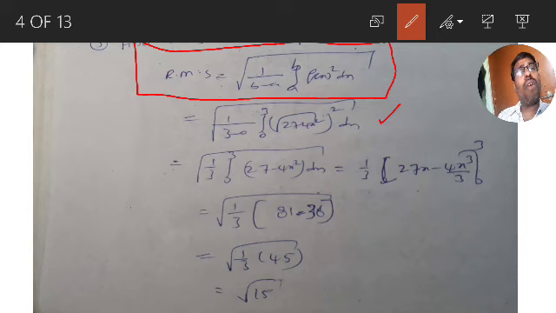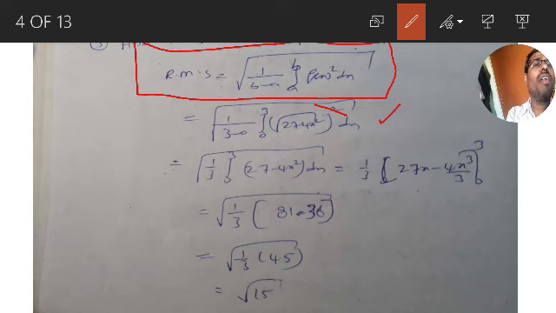Square and square root cancel. That is square root of 1 by 3 integration 0 to 3 27 minus 4x square dx.